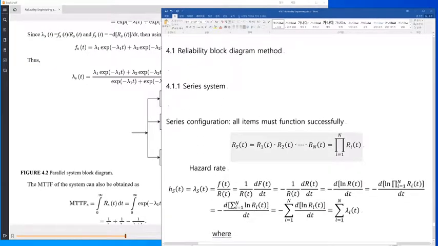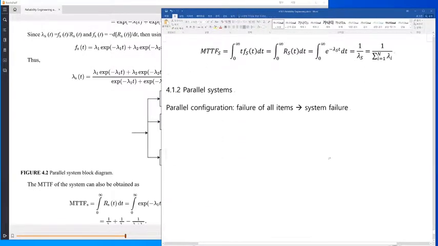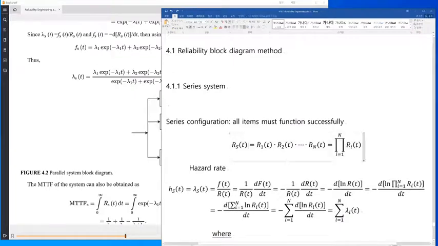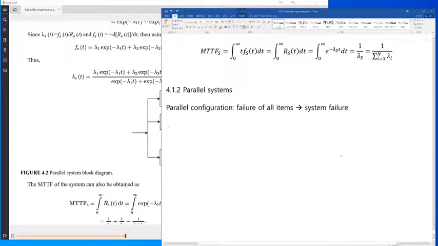So in case of a series system, the system will be operating correctly only when all components function successfully. In case of a parallel system, I'm going to copy this relation and then modify it.